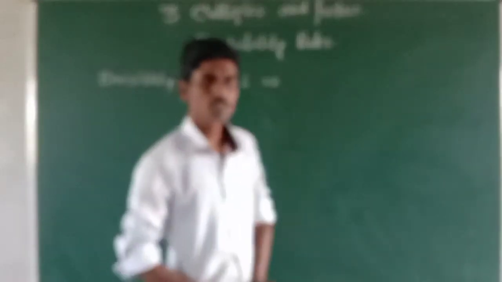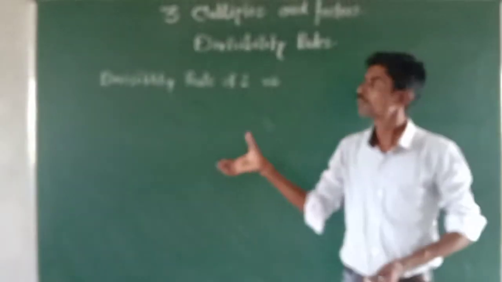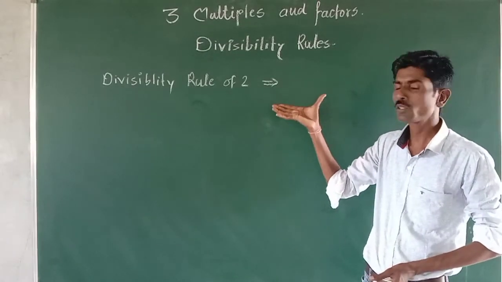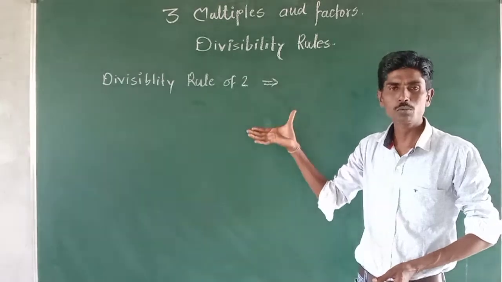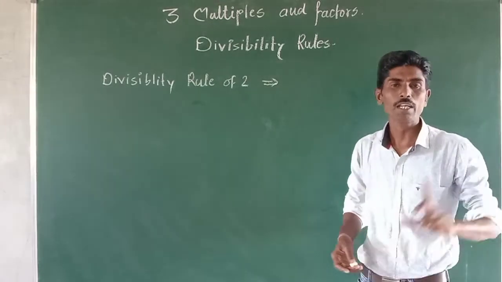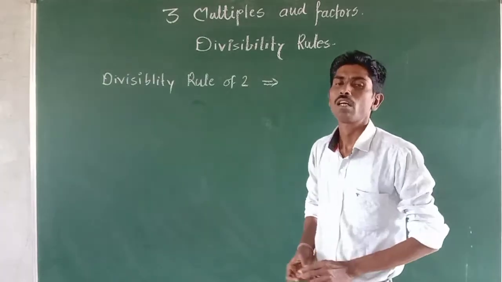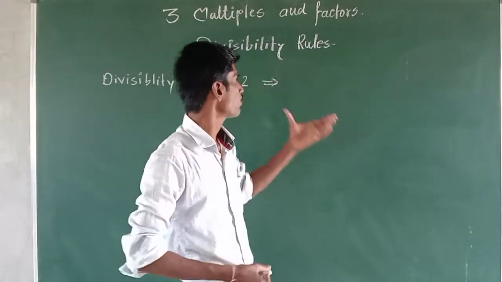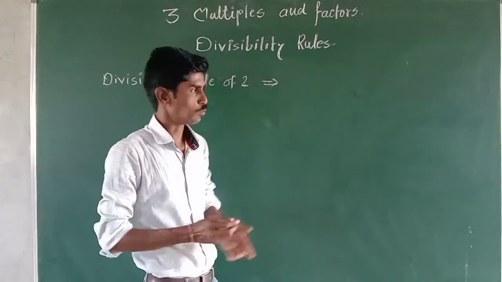The numbers which have 0, 2, 4, 6 and 8 at the unit place, all those numbers are exactly divisible by 2.